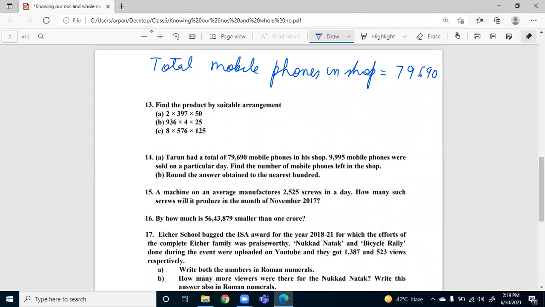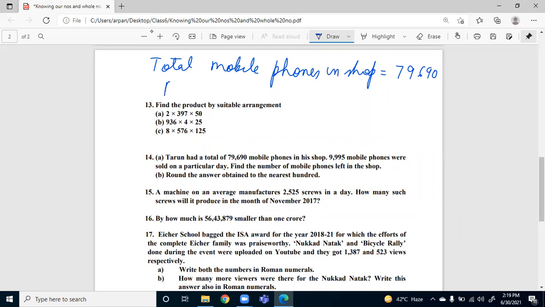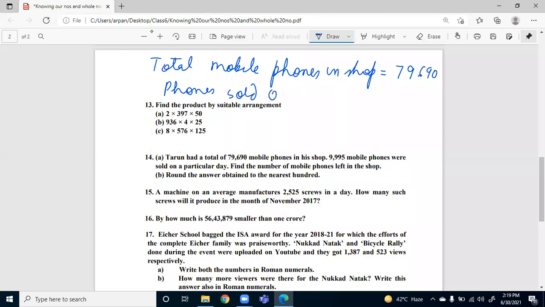And ma'am, phones sold on a particular day is equals to 9995.